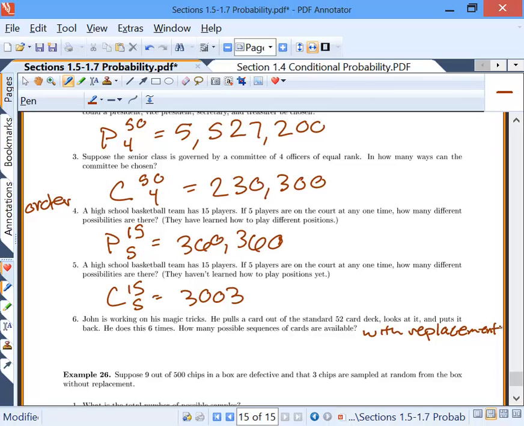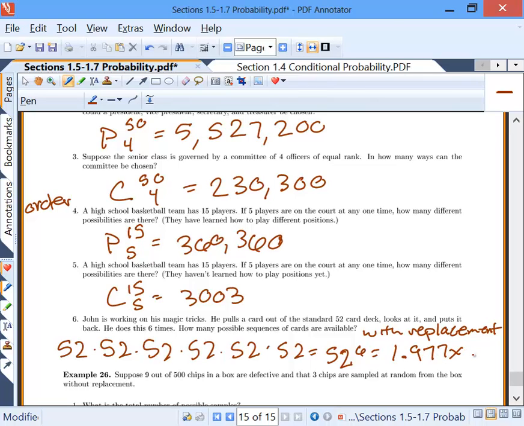If we're looking at 6 cards, how many cards does he have to choose from the first time? 52. And the next time? And the next time, the 4th time, the 5th time, and the 6th time. So I get 52 to the power of 6. Again, this is different from a combination or permutation because we put the cards back, so it's with replacement. It's 1.977 times 10 to the power of 10.